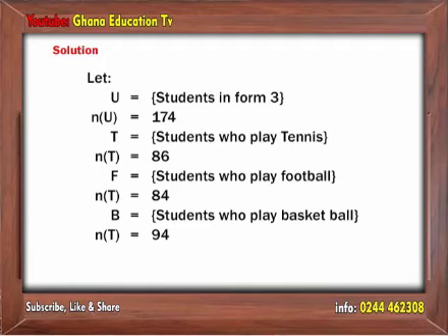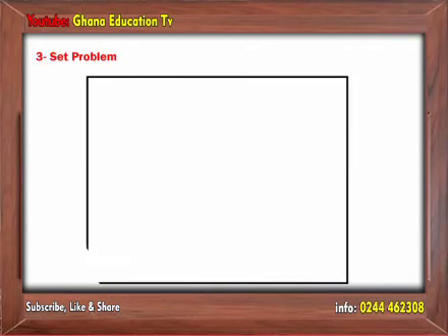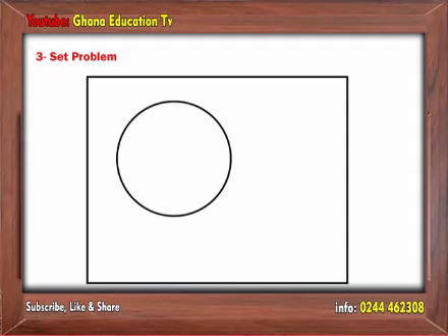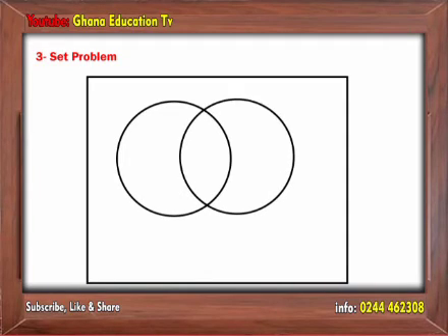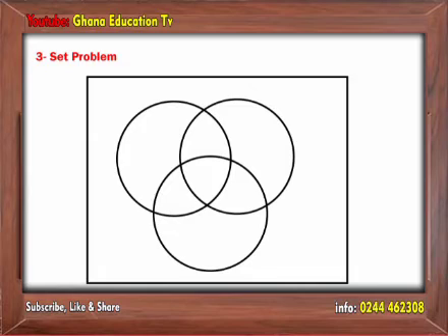So after writing this expression, you draw your Venn diagram. So you draw your square and you draw your various circles. That is the first circle, the second circle, and lastly, the third circle. So after drawing the three circles, you fill in with your figures.